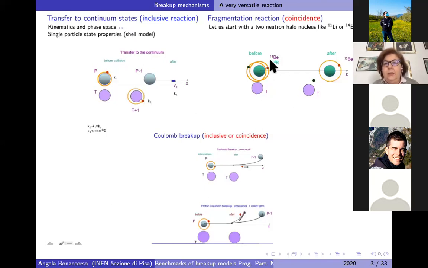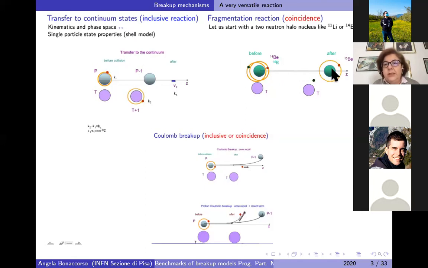Another case is when there are coincidence reactions. In these experiments, for example, one has a 2-neutron halo nucleus like beryllium-14, and after interacting with the target, the 2 neutrons are emitted, but one of the 2 neutrons is measured in coincidence with the core.